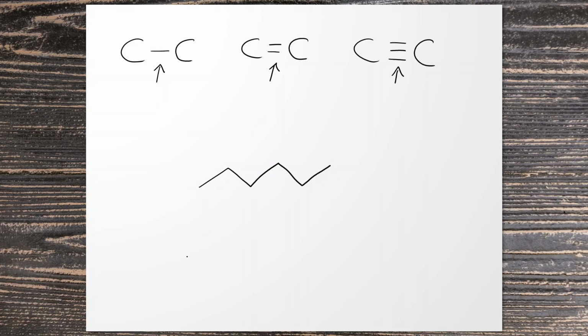We're going to continue to draw it in a zigzag, and each of those corners is going to be a carbon. 1, 2, 3, 4, 5, 6. I'm going to draw a line showing that each of them are connected. And then we fill in with hydrogens. So this first one here only has one line, one bond, so we know that it's going to need three more. So I'm going to fill those in with hydrogens.